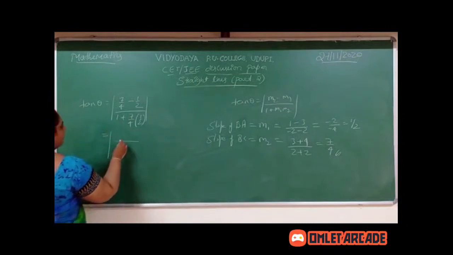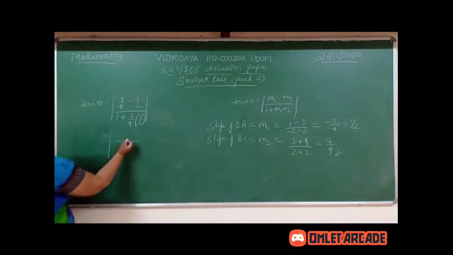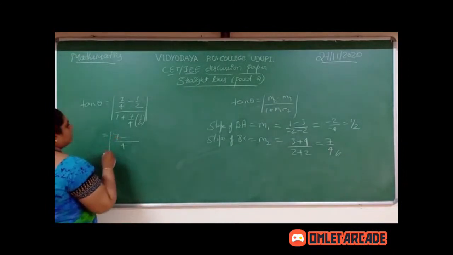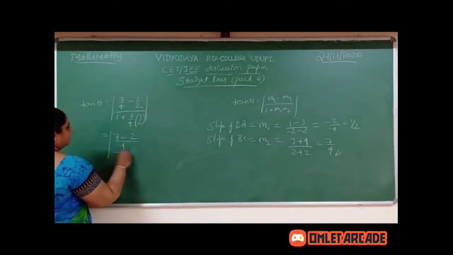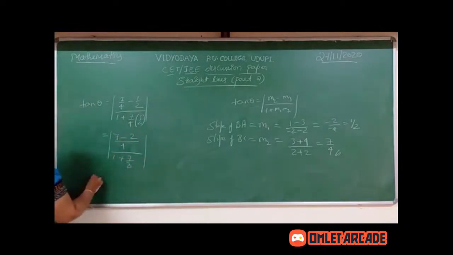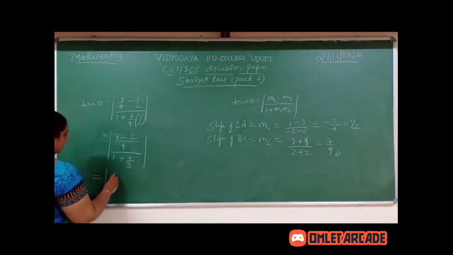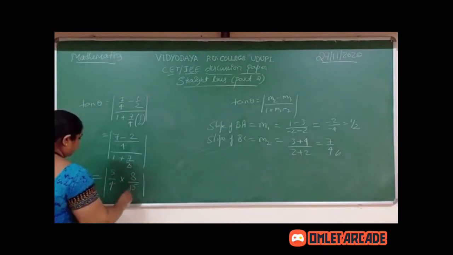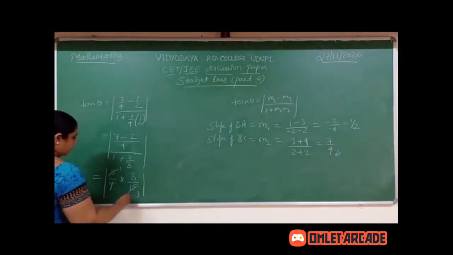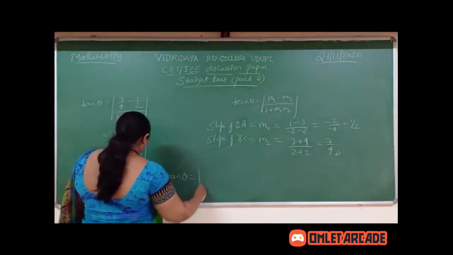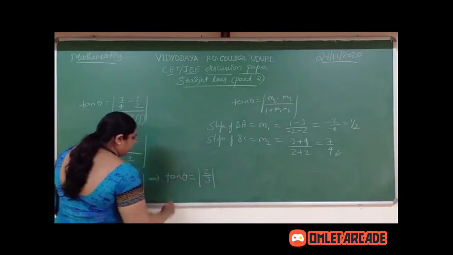So when you take the LCM here, isn't it? (7 minus 2) divided by (1 plus 7 by 8). So is it 5 by 4 into 8 by 15? So this is what? Tan theta is equal to mod of 2 by 3.